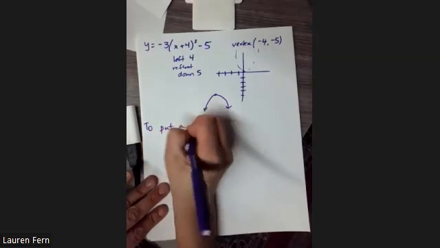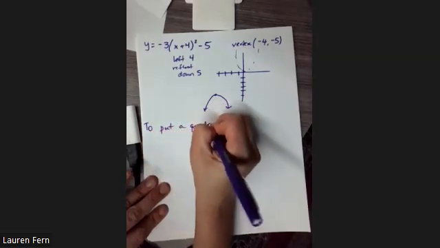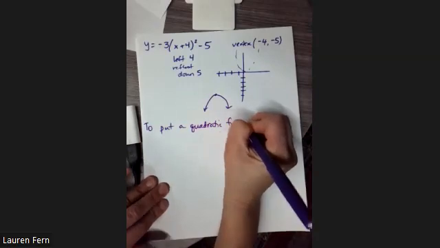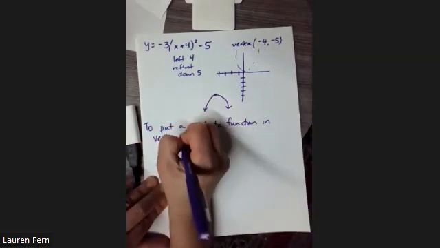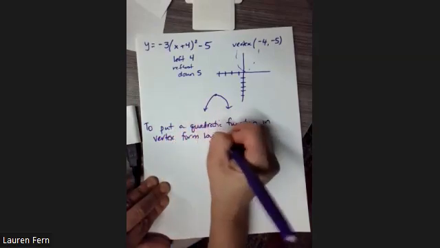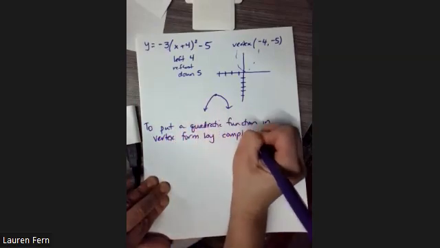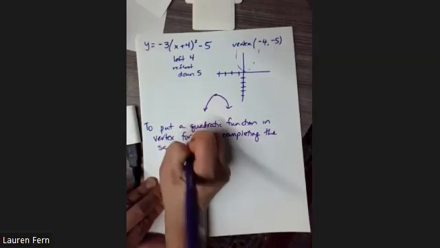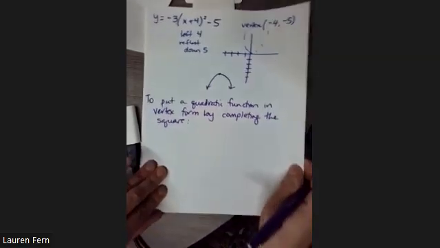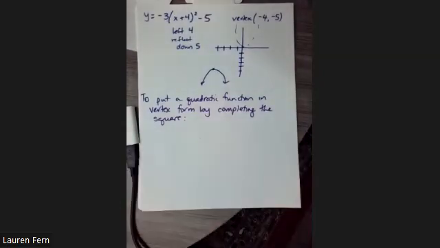So to put a quadratic function in vertex form by completing the square, here are the steps we're going to follow.